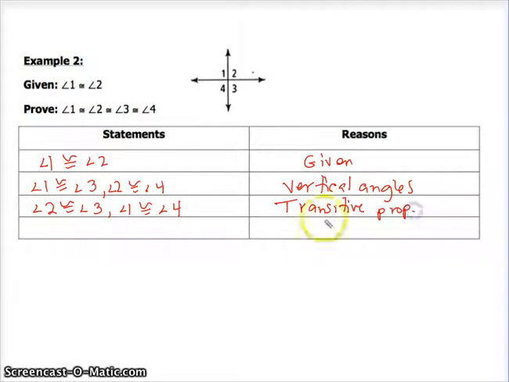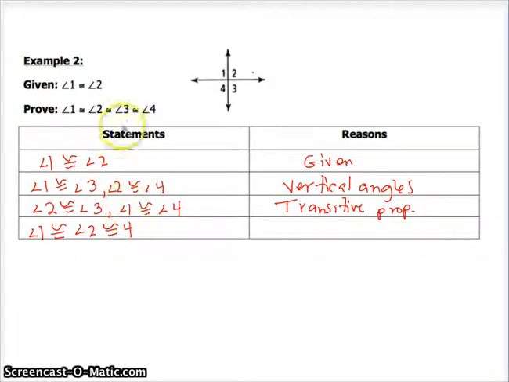All right. Now, lastly, we're trying to prove that 1, 2, 3, and 4 are all congruent. And if you look here at the statements that have been made, I've been able to state that all of them are congruent to one another. So we can go ahead and say that angle 1 is congruent to angle 2. That also means that angle 2 is congruent to angle 4.